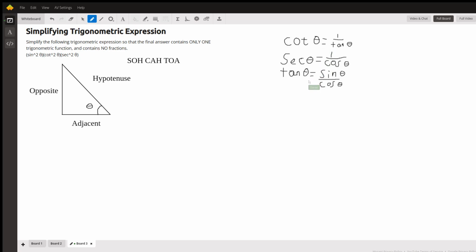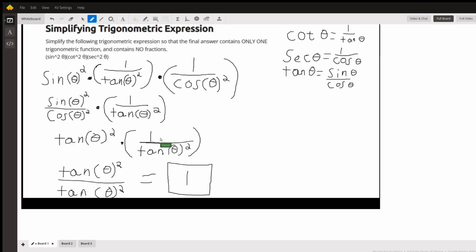So now that we have that, let's go back to the problem. We can leave sine squared alone, and we can convert cotangent squared into 1 over tangent squared. Since it's the same value, there's no changes, we can just have a squared tangent at the bottom.